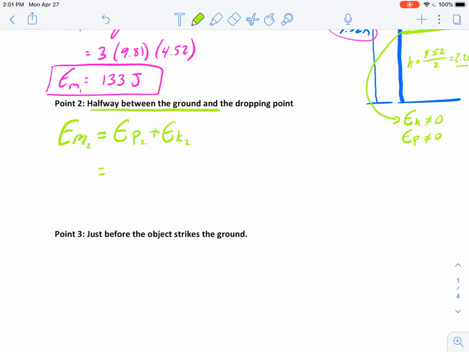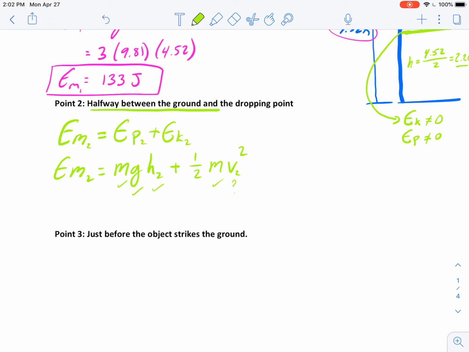This one is going to be made up of mgh at point 2 plus 1/2 mass times velocity squared at point 2. And that's what EM2 is made up of. Now if we wanted to put numbers into this, we have mass, we have gravity, we know our height, but we don't know our velocity.